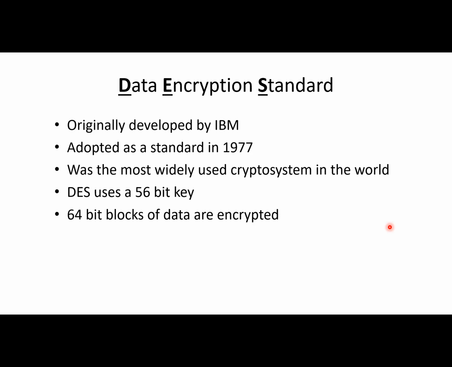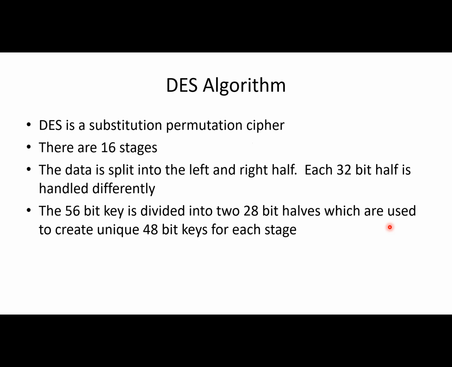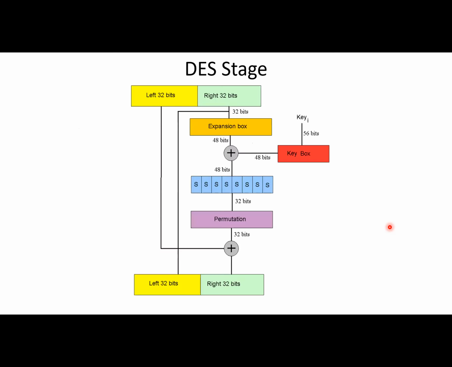People suspected the NSA of reducing the size so they could decrypt it. It encrypts 64-bit blocks of data. There are 16 stages of this substitution-permutation algorithm. It takes half the data, just half at a time. Well, a picture is easier to show. Okay, we've got 32 bits coming in, and it splits it in half.